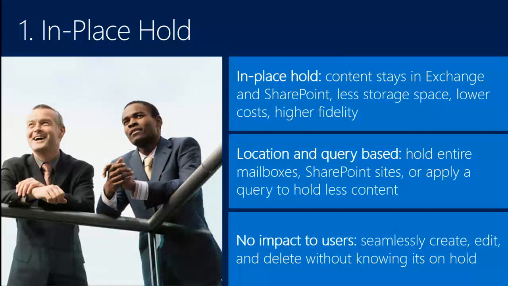So one is the version of the document that is current at the time that the hold was applied is the only version that is preserved. So if the content is changed multiple times or if it's placed on multiple holds, intermediate versions of the content are not preserved.